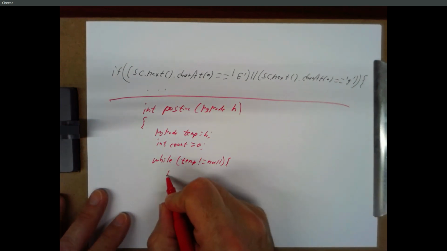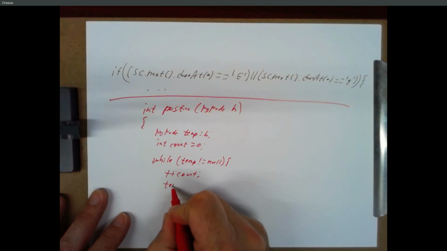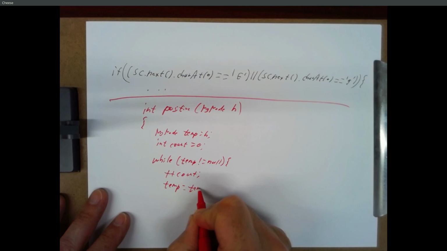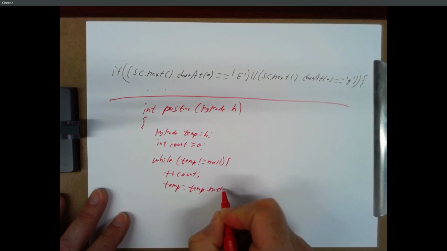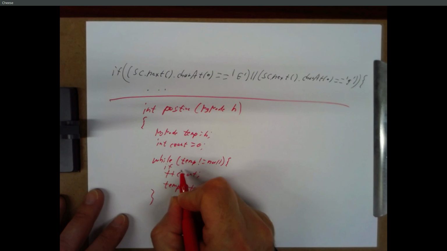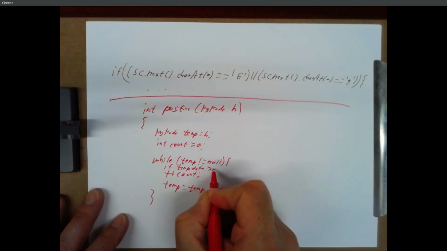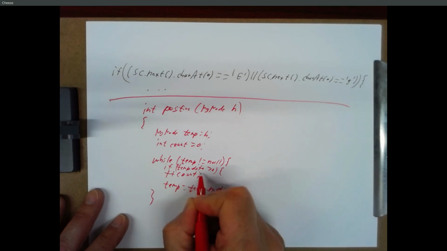So here's one way to do this. While temp is not equal to null, count that node, and then set temp equal to temp.next. It requires knowing if the data is greater than 0. If temp data is bigger than 0, increment the count.